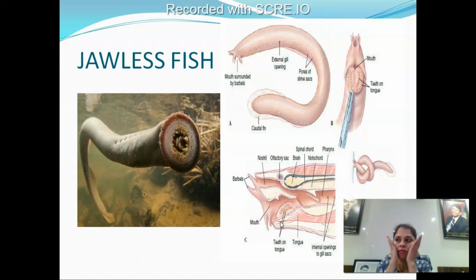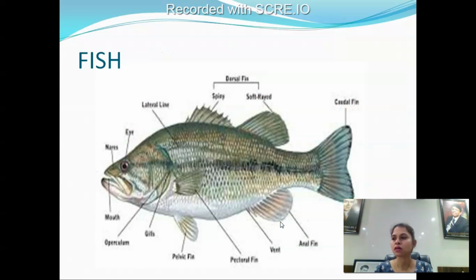The need of developing this whole jaw must have started, and therefore we see that as the fish were developing, the jaws were also developing in marine life. This is another creature which helps us understand one thing.